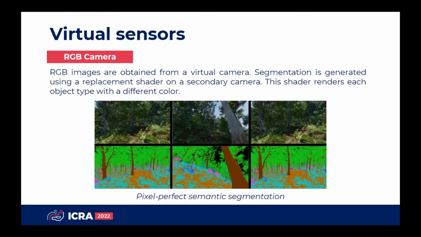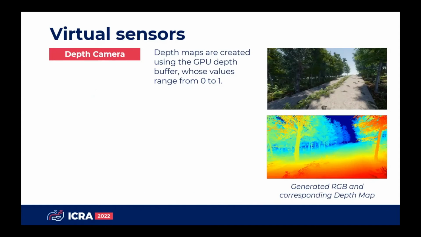Of course, Unity already gives us a pixel-perfect semantic segmentation because we know exactly, for each point that is being projected onto each pixel, what class it belongs to, okay? Because we know which shaders we are using to render this pixel, and by knowing the shaders, we know exactly which object it is coming from, so it's relatively easy.